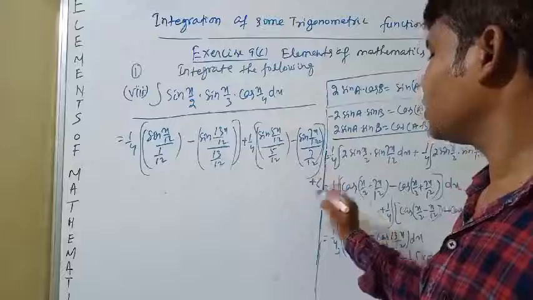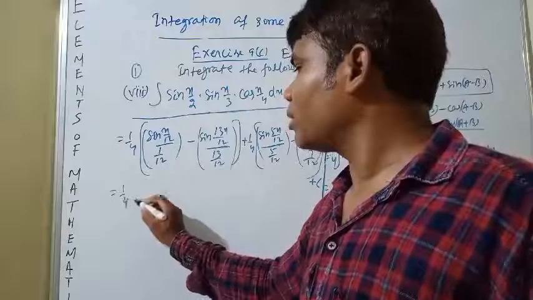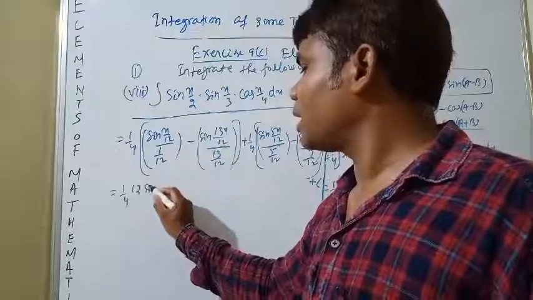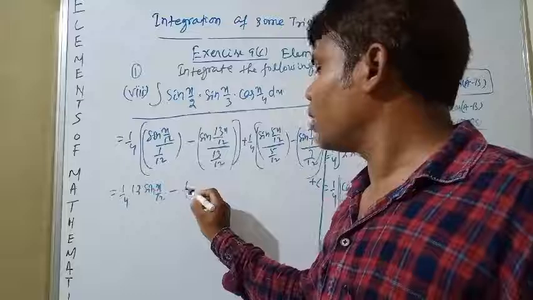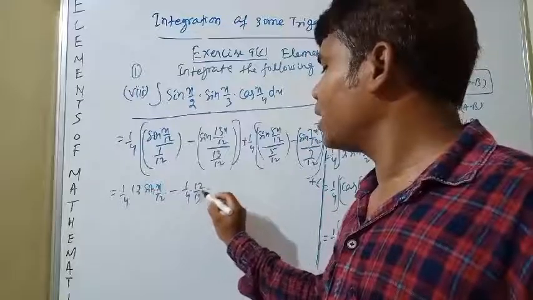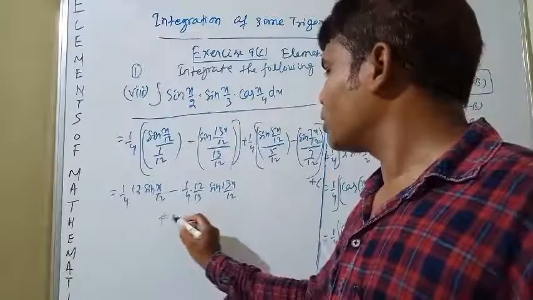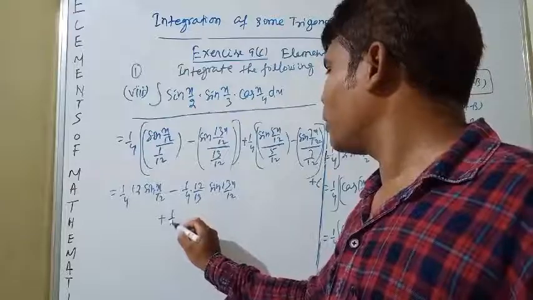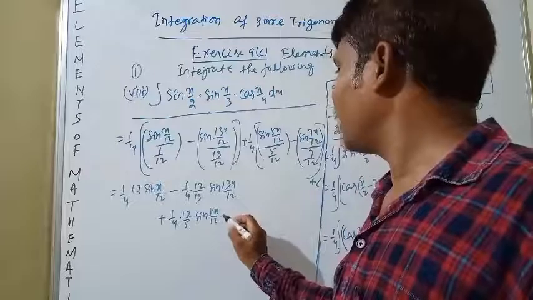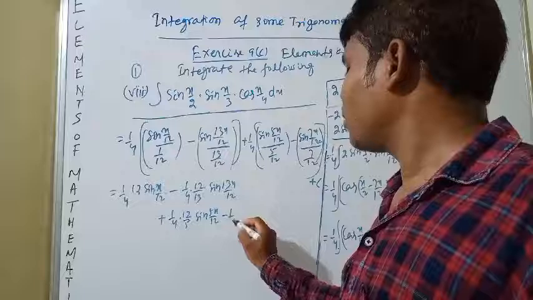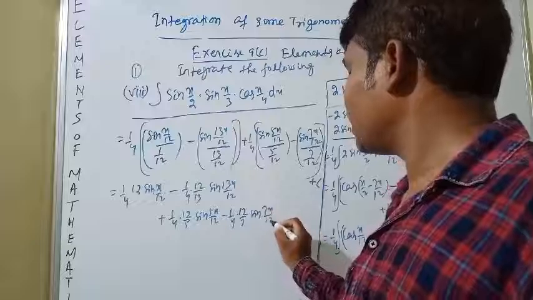Plus c, is equal to 1 by 4 into 12 sin x by 12 minus 1 by 4 into 12 by 13 sin 13x by 12, plus 1 by 4 into 12 by 5 sin 5x by 12 minus 1 by 4 into 12 by 7 sin 7x by 12 plus c.